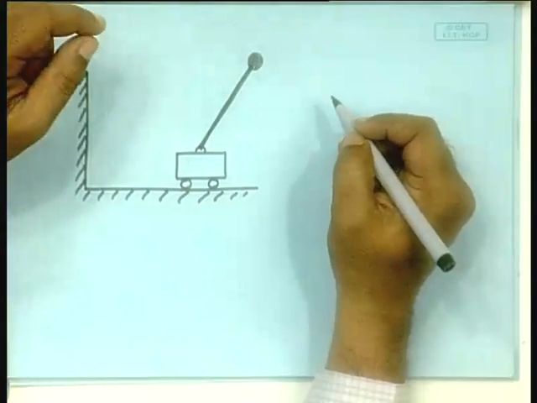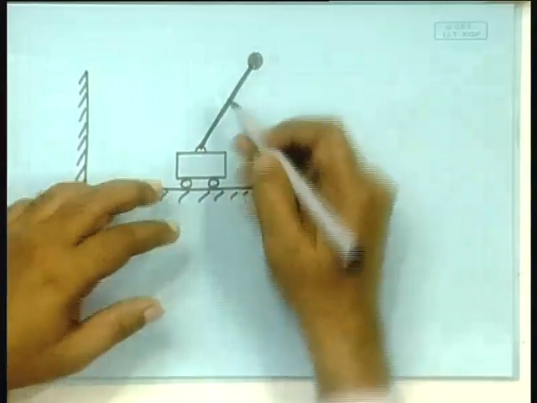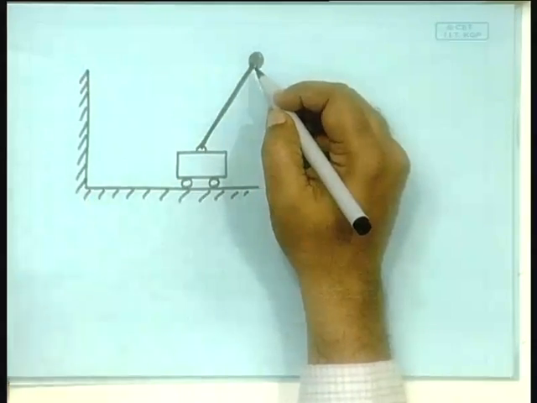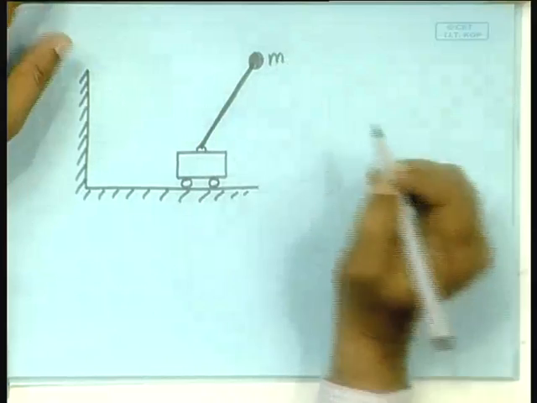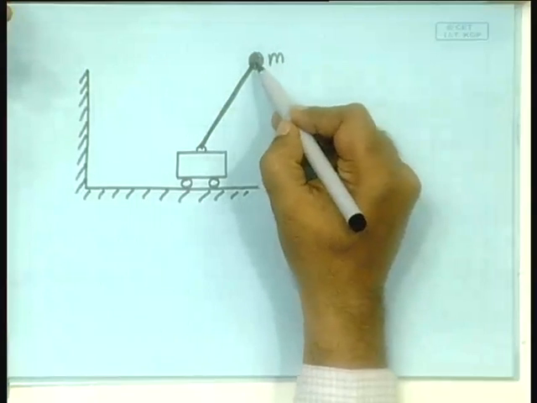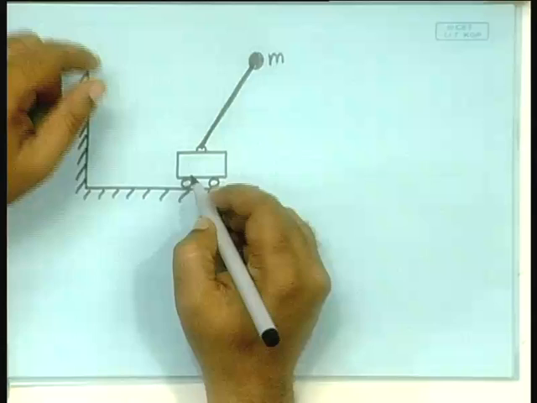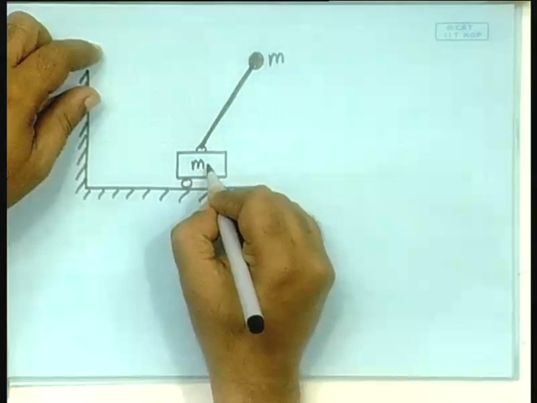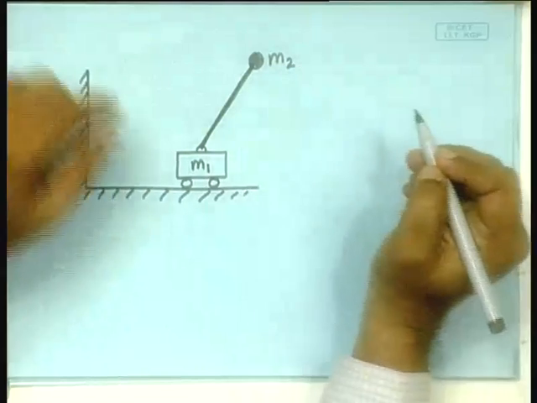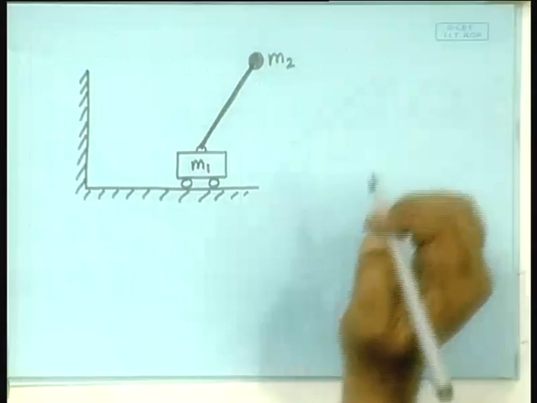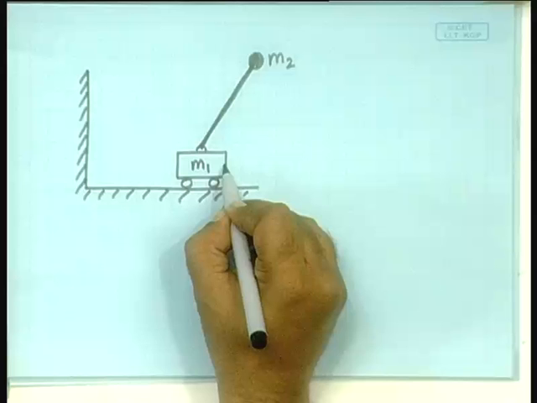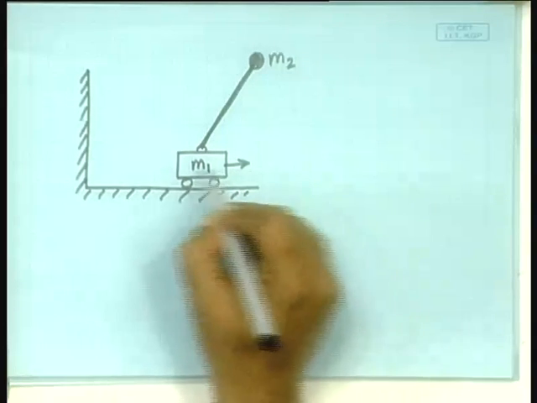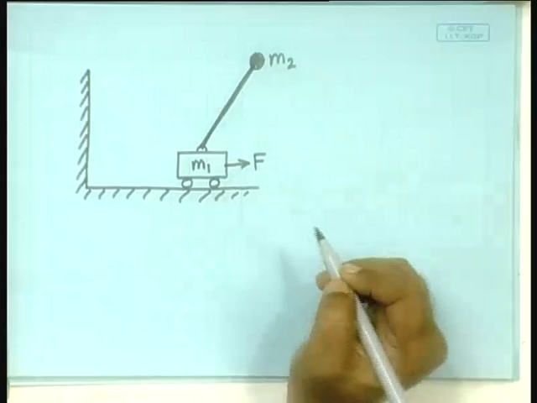Normally the mass could be uniformly distributed, but let us assume for simplicity that this is a mass concentrated at the top, and here is another mass. This fellow also has mass, so let this be M1 and this fellow be M2, and then you have to apply a force here in order for this to move and balance it. So, that force is F.